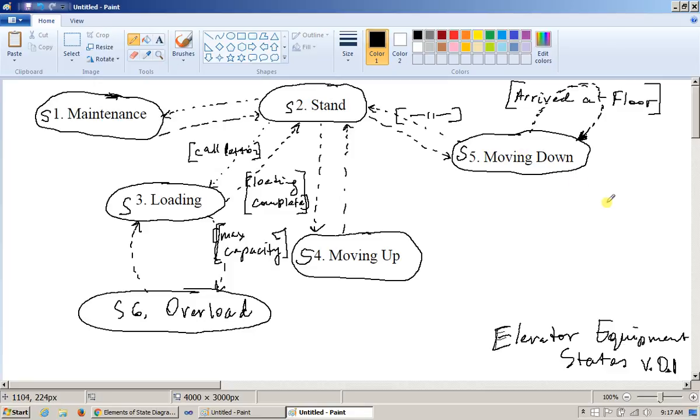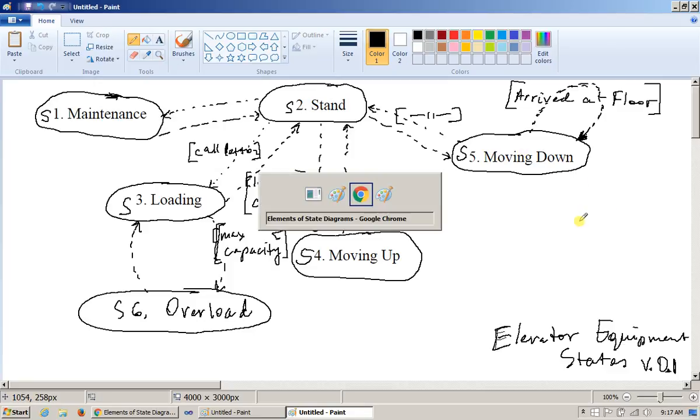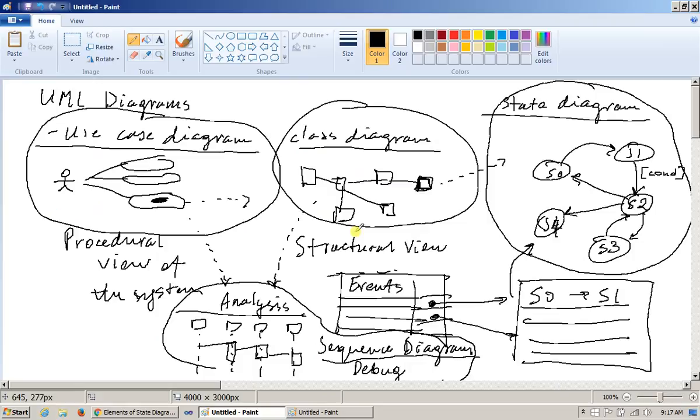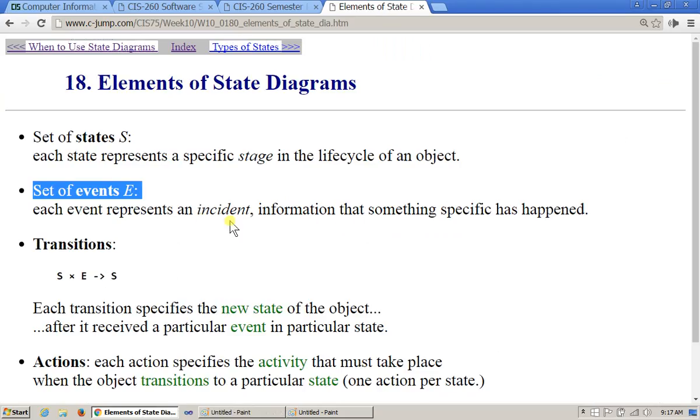So state transitions: we have a set of states and a set of events, right? Something that we mentioned early on. We can describe these two, and then we can describe the transitions that are possible, right?